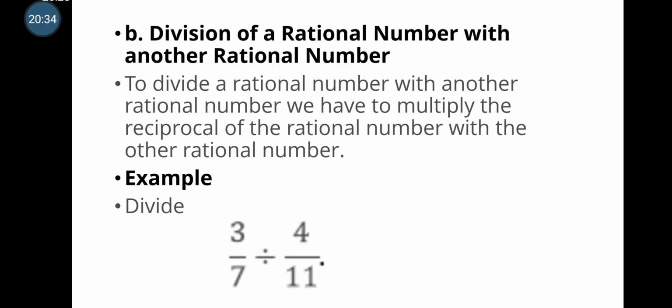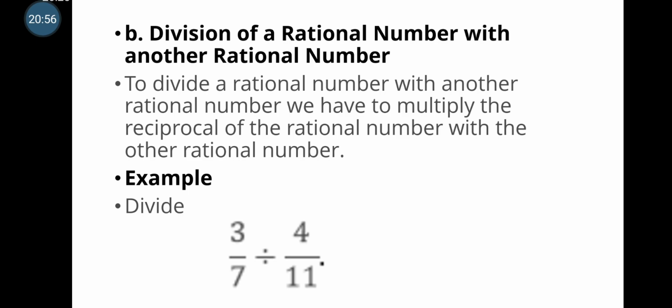Division of a rational number with another rational number. Here in the example you can see 3 by 7 divided by 4 by 11. So a fraction divided by a fraction. You will take the reciprocal of the second fraction, and that will be multiplied with the first fraction.